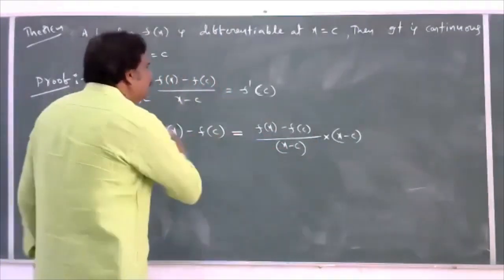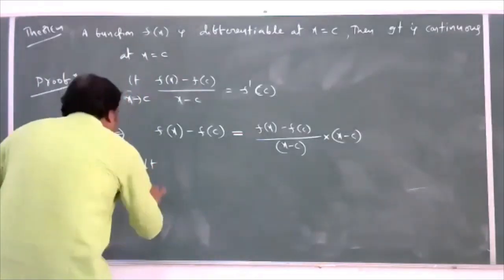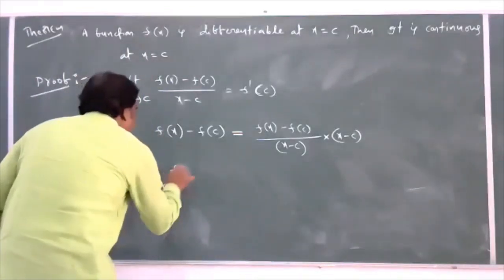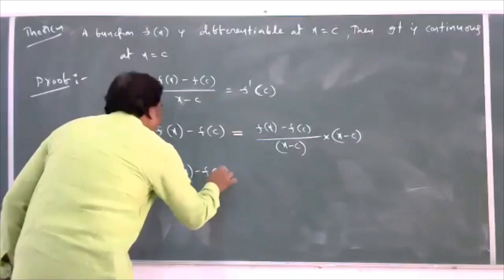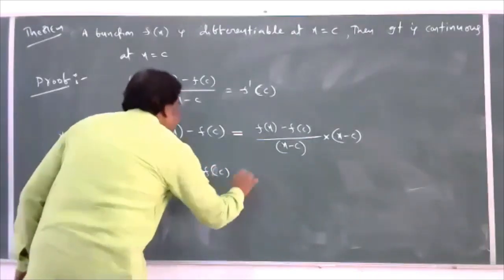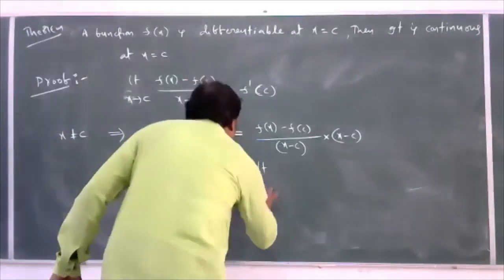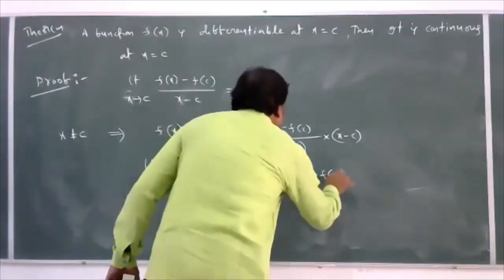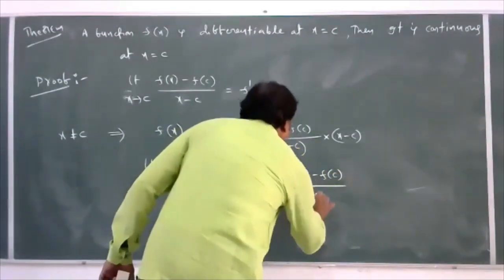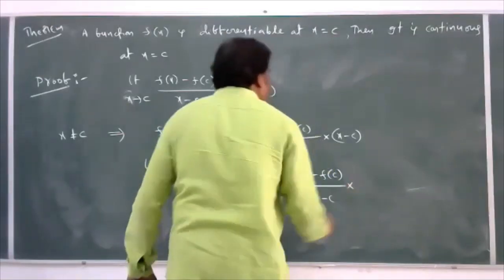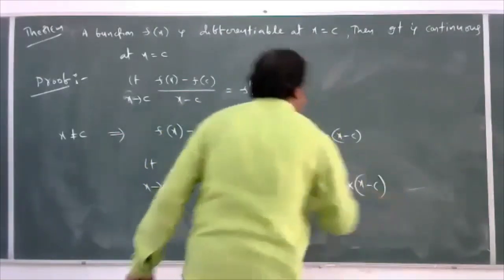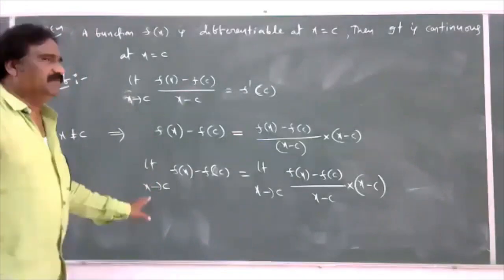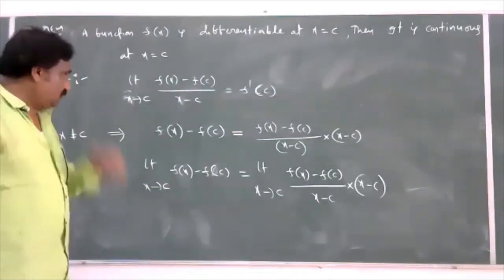Next, taking limit on both sides, that is limit x tends to c, f of x minus f of c is equal to limit x tends to c, f of x minus f of c by x minus c into x minus c. Taking both side limits, copy this.